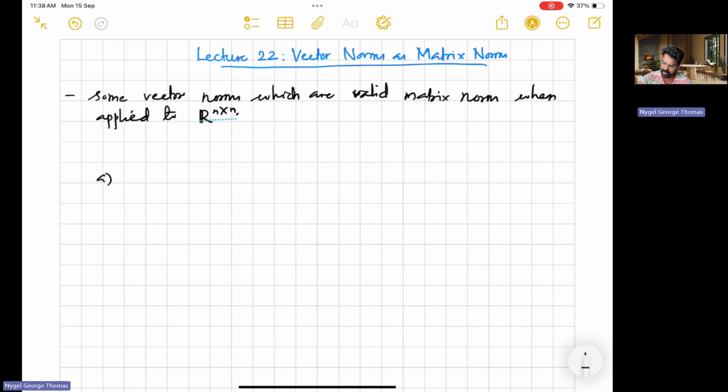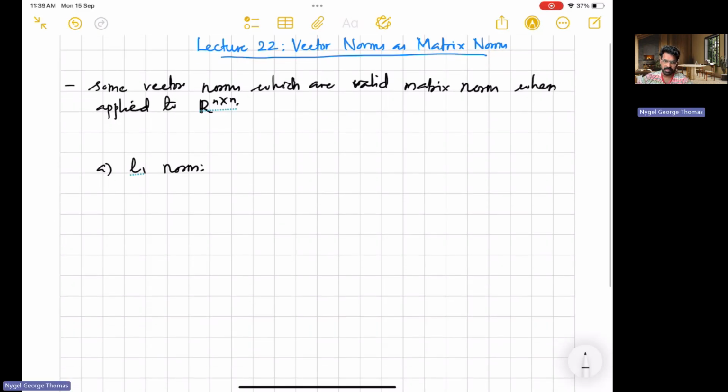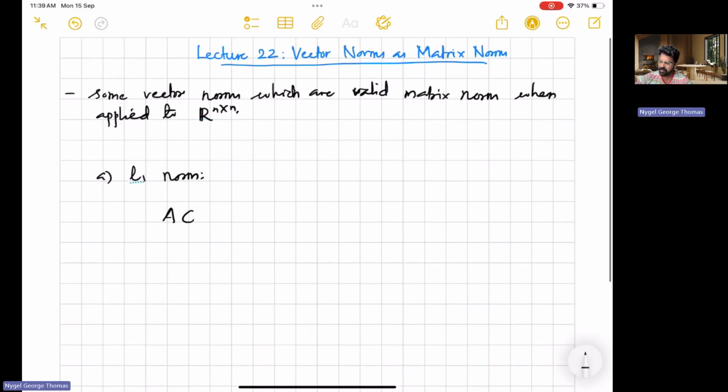The first one to look at is the L1 norm. We have A, which is in R^(n×n). Then the L1 norm of A is given by the sum over i, j equal to 1 to n of modulus of a_ij.